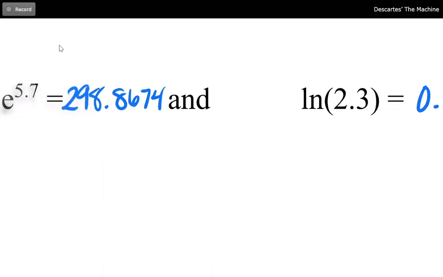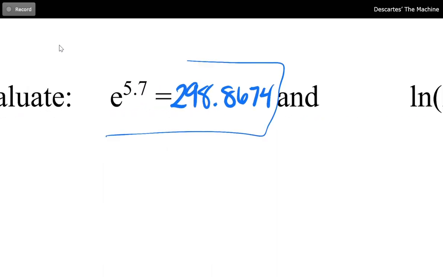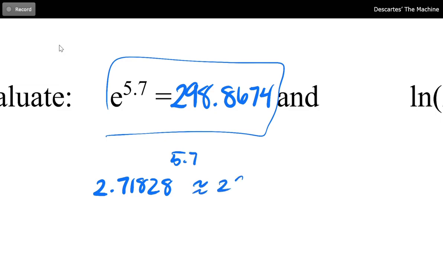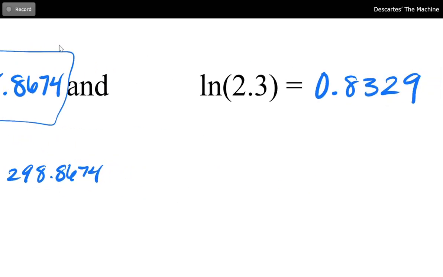All right. Now, the exponential one's not that difficult. That's equivalent to me taking 2.71828, you probably need to commit this to memory at some point, raised to the 5.7, which is approximately 298.8674. Okay, but this one's a little stranger to you.